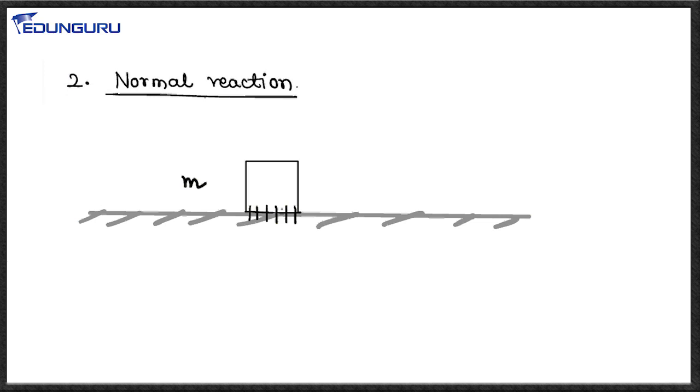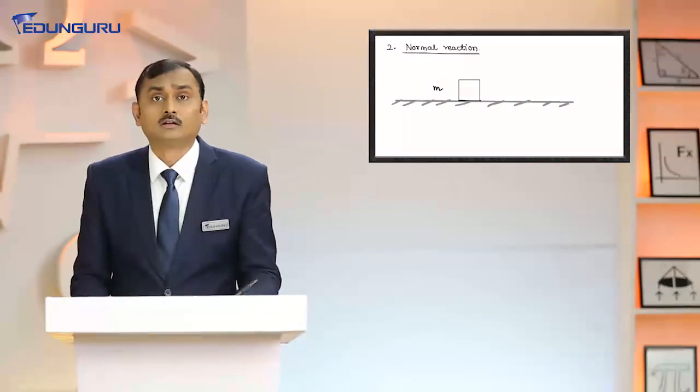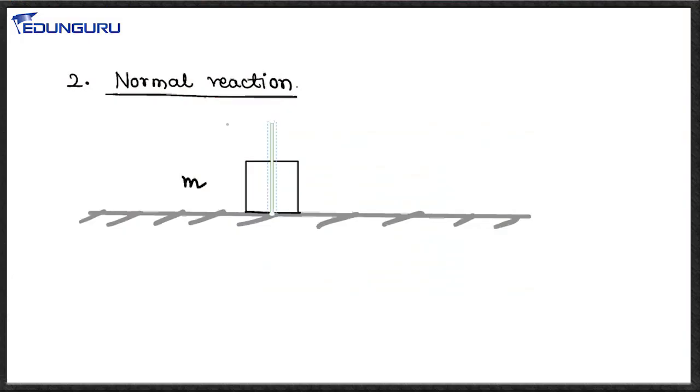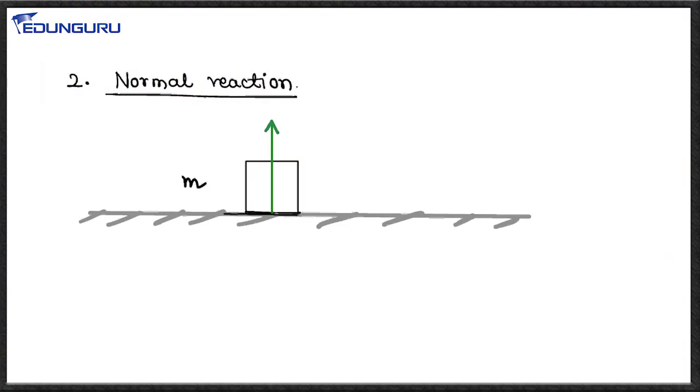But since we have to draw it as a single force, we say that the force experienced by the block because of the table is directed away from it and is perpendicular to the contact surface. This is the contact surface.